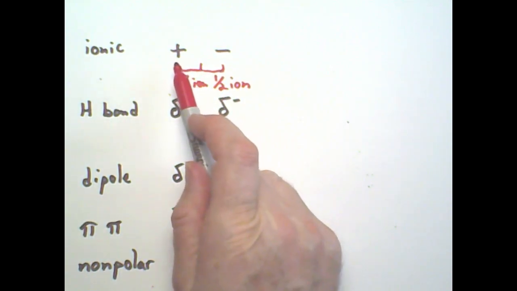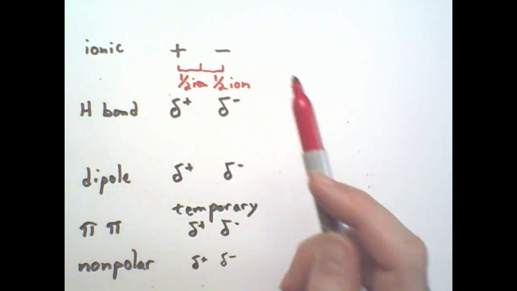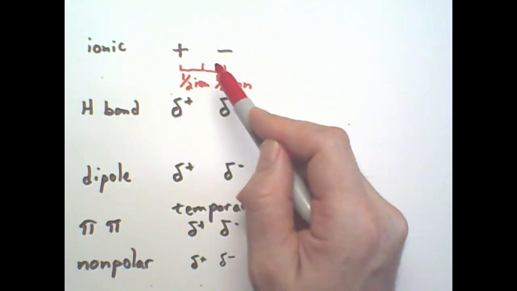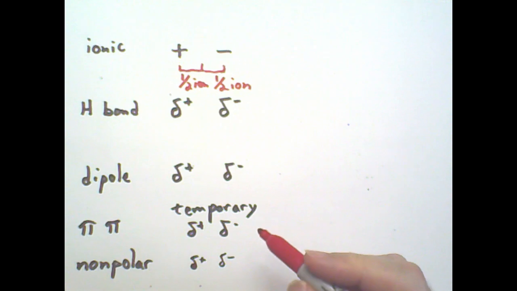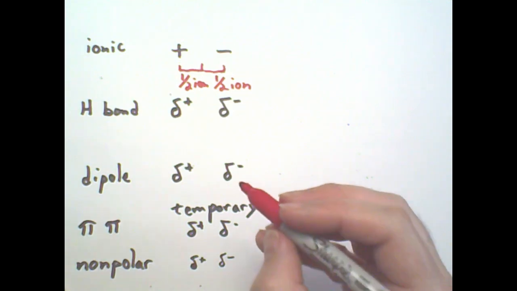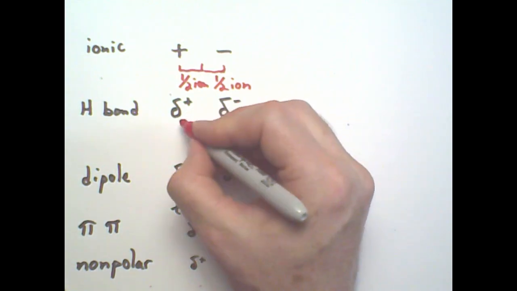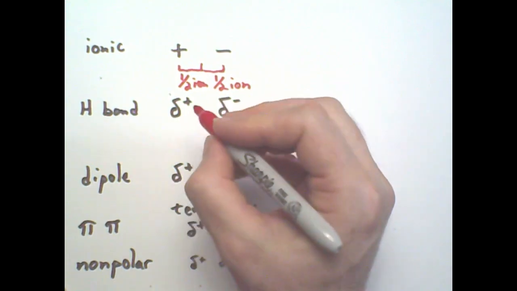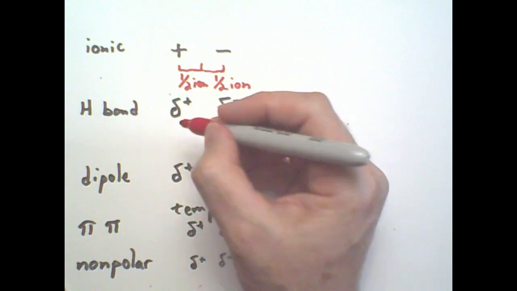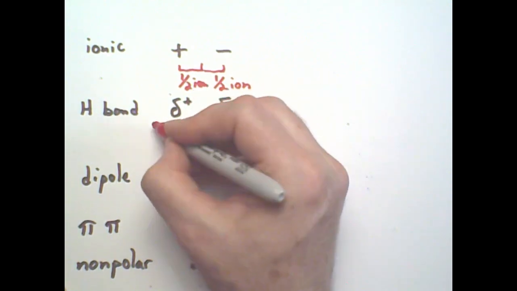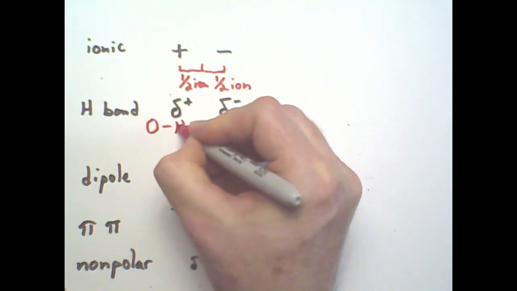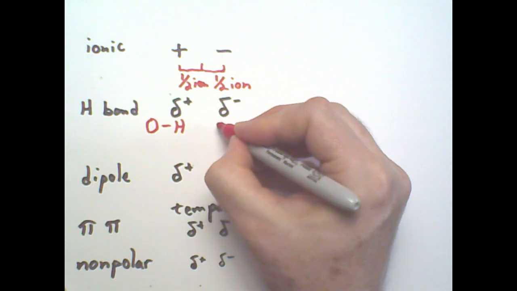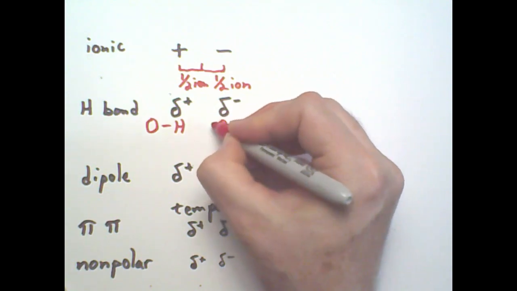So depending on how big the ion is and how much its charge is, the strength of the ionic bond will vary, but they're about half an ion apart on each of those. On the hydrogen bond, we've got the partial plus. Well, let's draw something. We've got something like an OH going to another O.